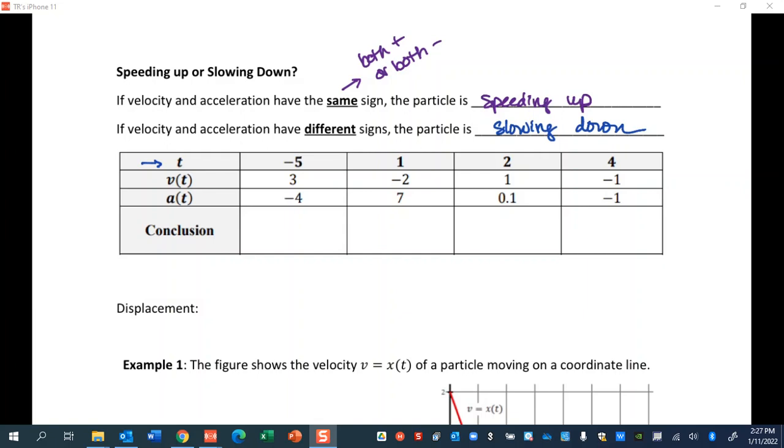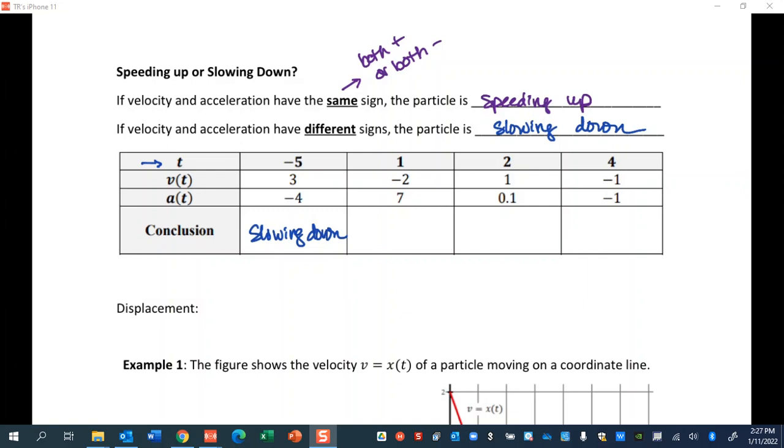Yeah, so this is going to be slowing down. So if my velocity is positive, that means it's increasing, but it's increasing at a decreasing rate because it's slowing down. Does that make sense to you? It's increasing at a decreasing rate.